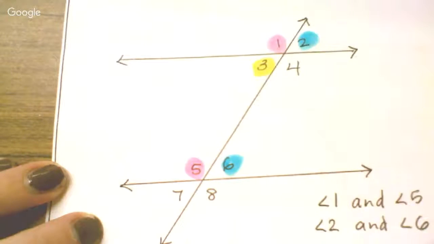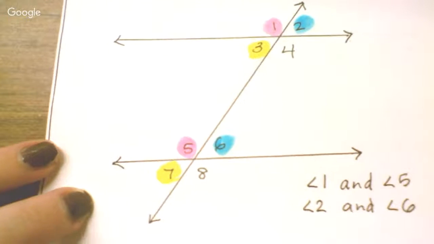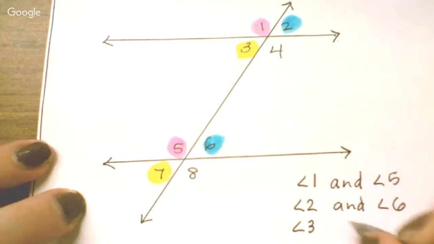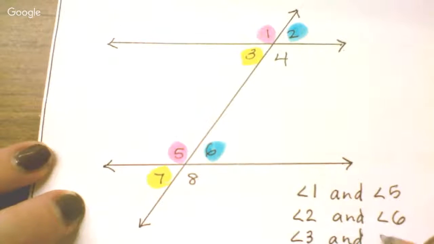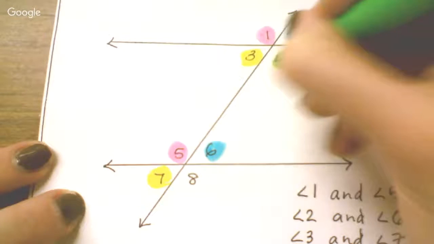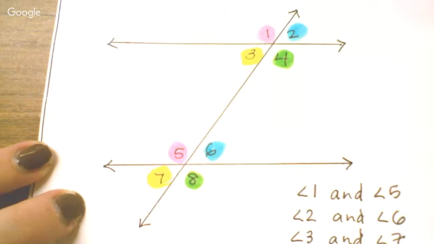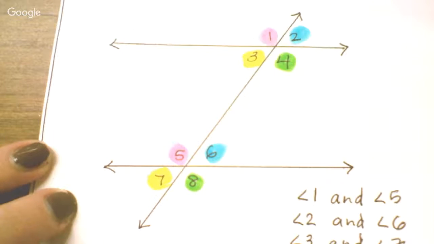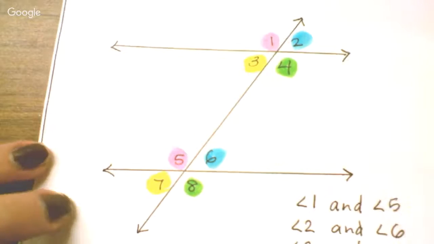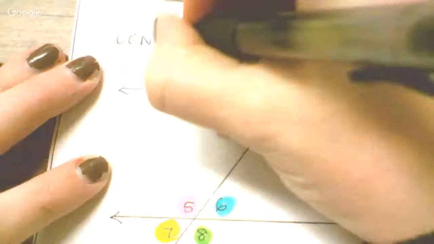Angle 3 corresponds to angle 7. And then I also have angle 4 corresponds to angle 8. Now, if we notice, since it's just the same grouping, these are also congruent angles.